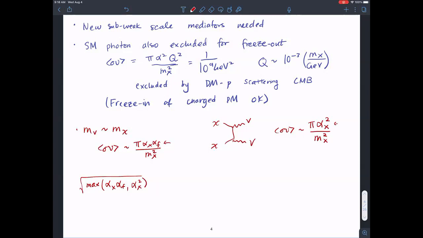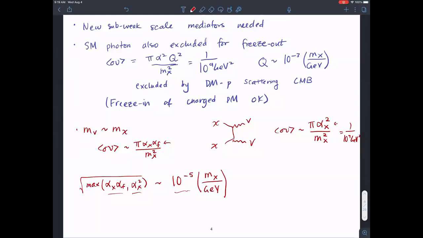So the combination of those couplings has to be 10⁻⁵ times the dark matter mass over GeV. Again, I'm getting that from setting this to 10⁹ GeV squared. What that's telling us is that if we include this light mediator, it's going to have pretty small couplings. It depends on which of these dominates, but overall this combination is at most 10⁻⁵ roughly when we're at the GeV scale.